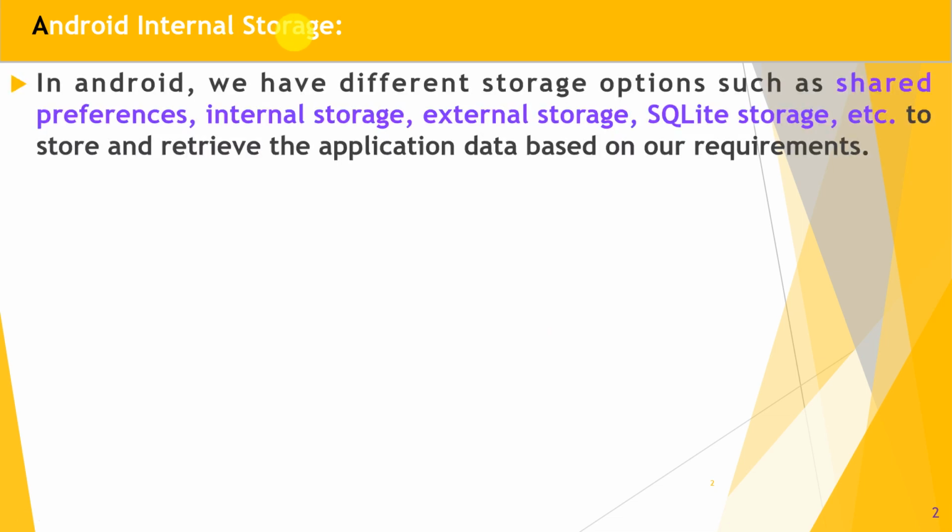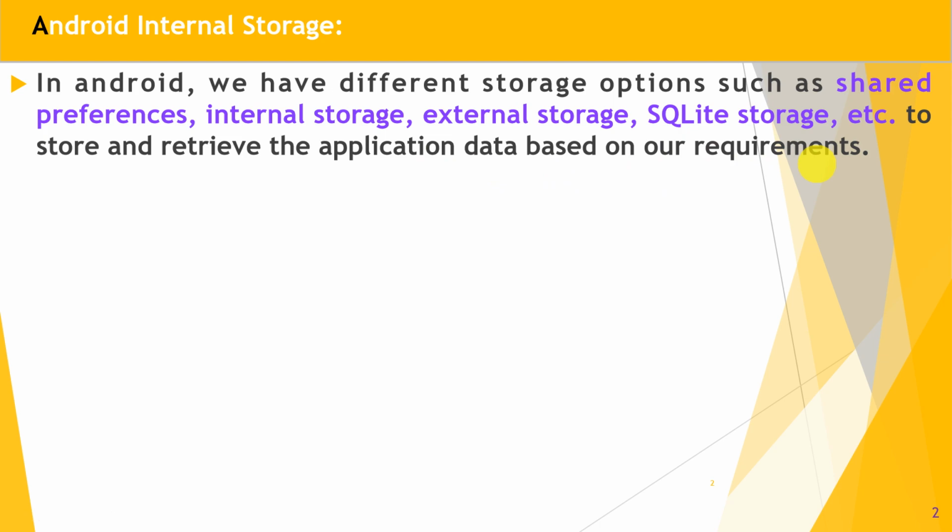In Android, we have different storage options such as shared preferences, internal storage, external storage, SQLite storage, etc. to store and retrieve the application data based on our requirement. Great.